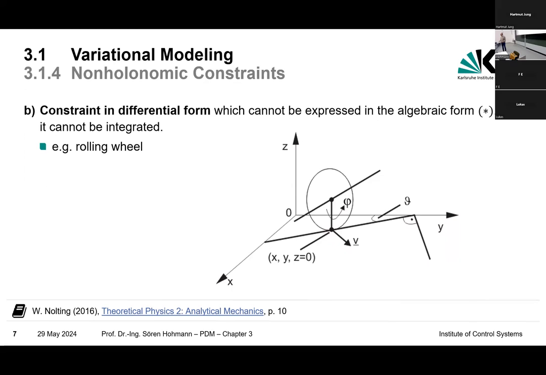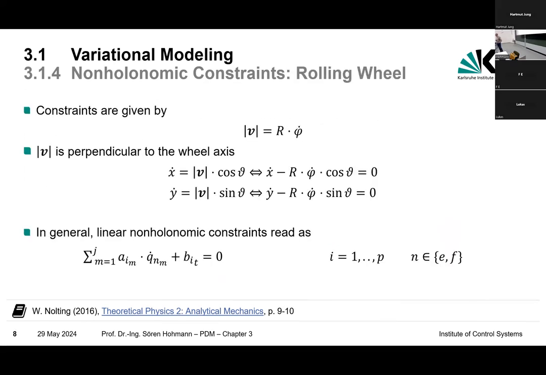But not instantaneously. That's the very difference. And now we see where the constraint comes from. So first of all, the first constraint says that the movement forward is completely governed by the rotation. So we can say, okay, the absolute value of the velocity is r times phi dot. Clear. That's the first thing.